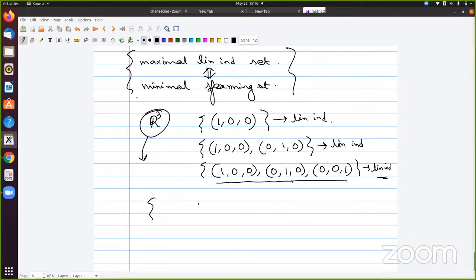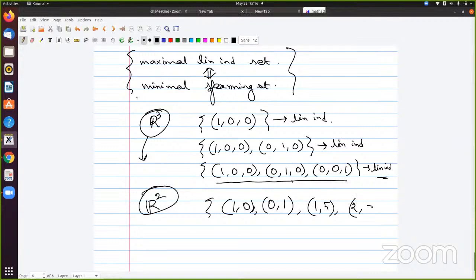Now, suppose in R2, I am starting with a set. Does this set span R2?